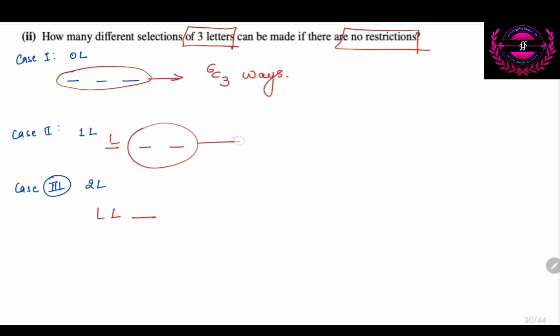These 2 letters can be chosen out of 6 in 6C2 ways, and this can be chosen in 6C1 number of ways. We will add them up, and that will be our final answer.